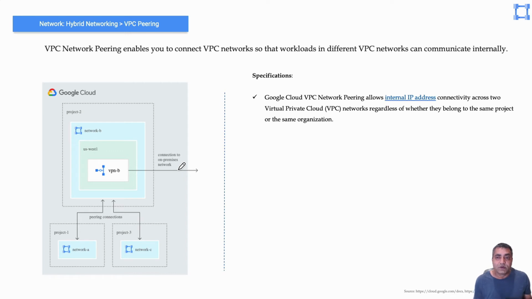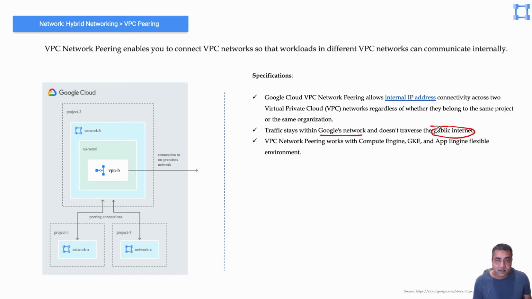It allows internal IP address connectivity across two VPCs, regardless of whether they belong to the same project or the same organization. Traffic stays within Google's network, which is very important, and it does not traverse the public internet.